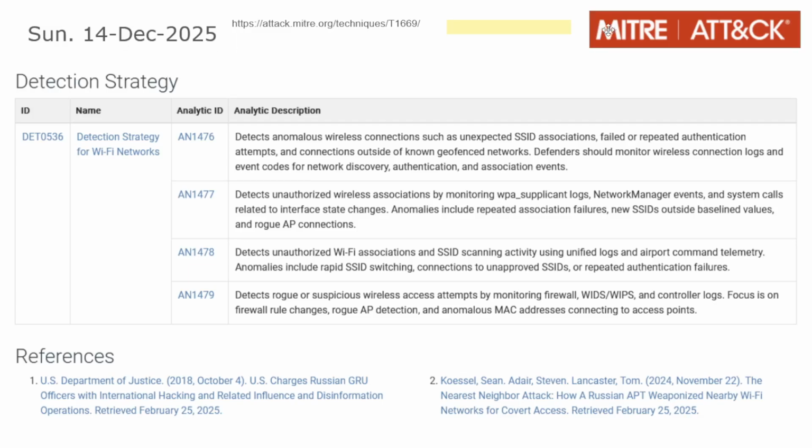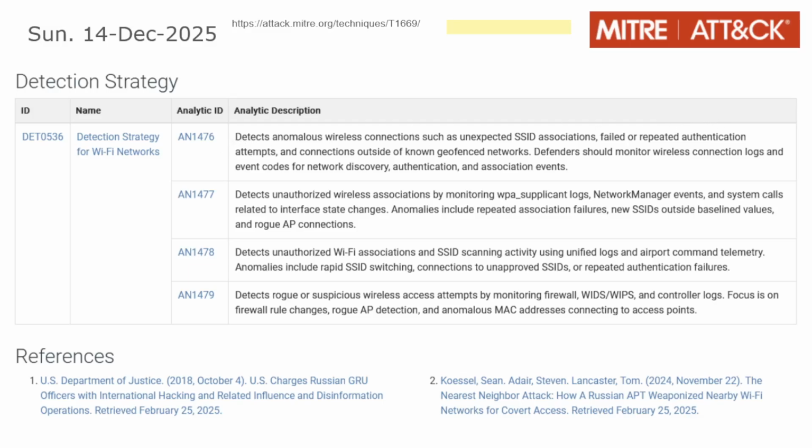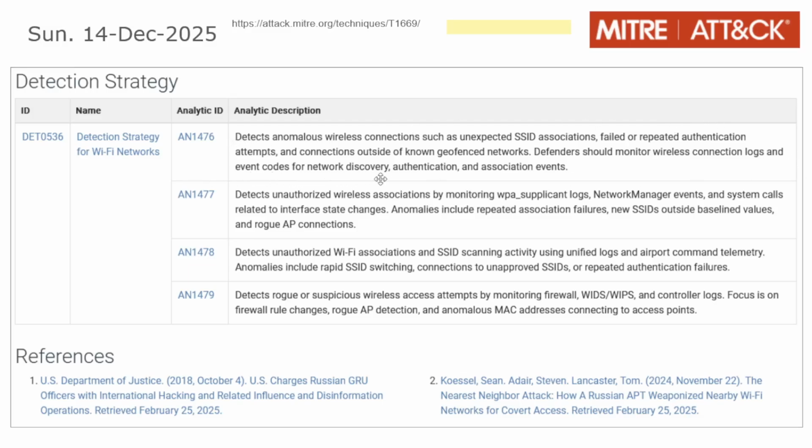Well, let's look at the detection strategy now. If you have a SOC or logging and monitoring, what to look out for. Detect anomalous wireless connections such as unexpected SSID associations, failed or repeated authentication attempts, and then event discovery authentication events.